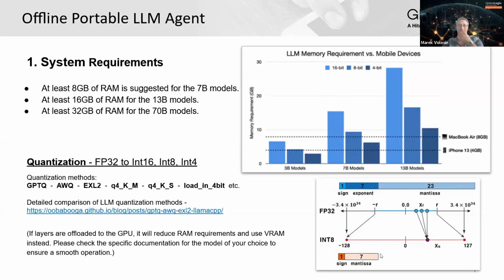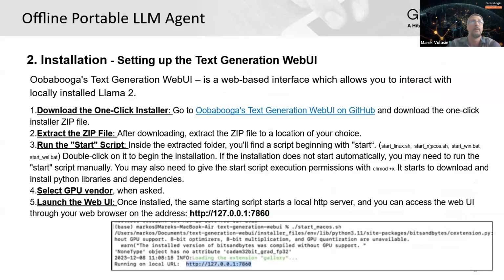So it is a big difference if you have 70 billion such numbers or only 7 billion numbers. So we need to reduce the size of the language model to fit it into the small notebook RAM memory.